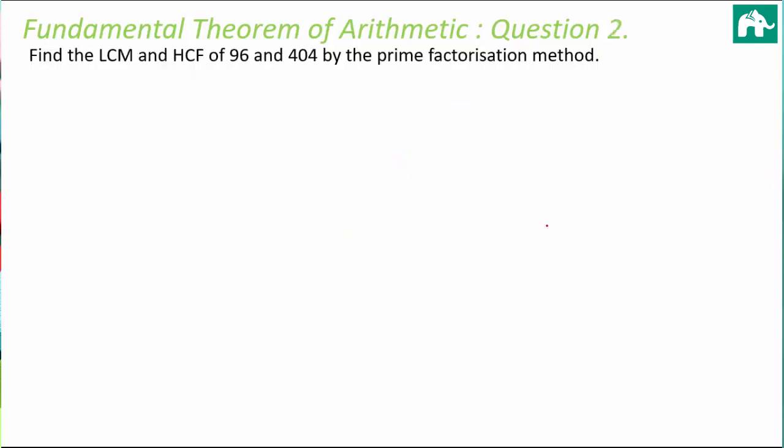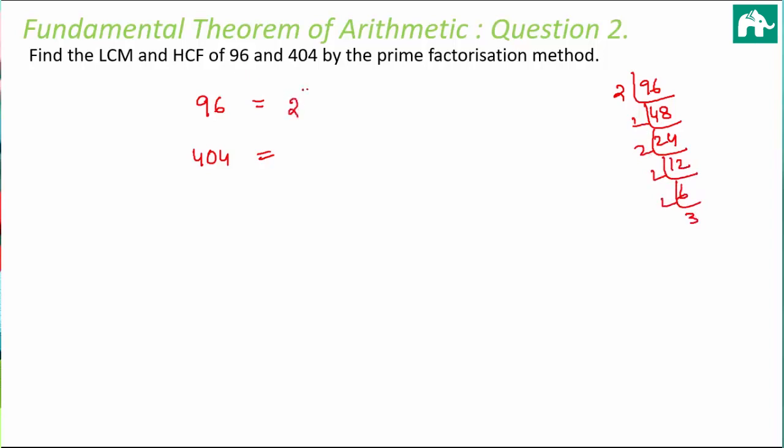Find the LCM and HCF of 96 and 404 by the prime factorization method. Okay, so this is 96 and this is 404. First, let's deal with 96. 2 4s are 8, 2 8s are 16, 2 2s are 4, 2 4s are 8, 2 12s are 24, 2 6s are 12, 2 3s are 6. So 1, 2, 3, 4, 5.